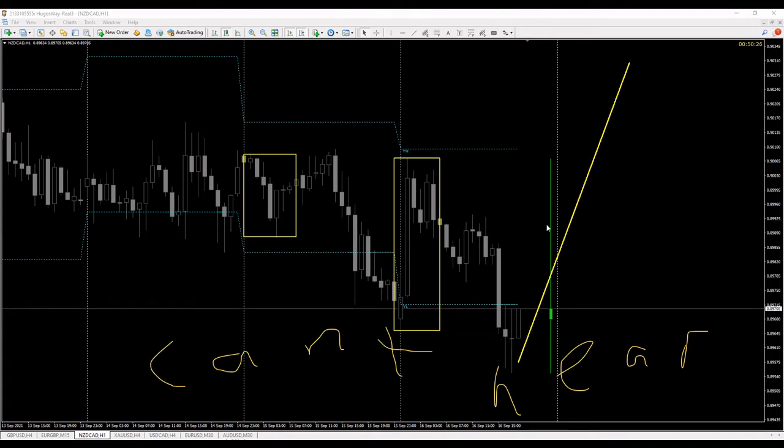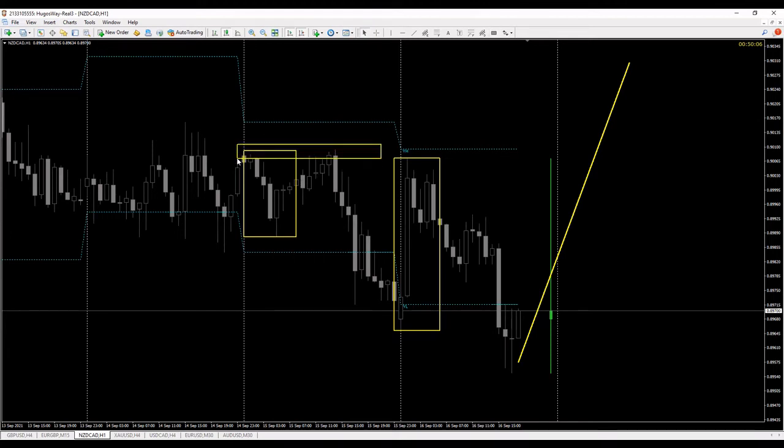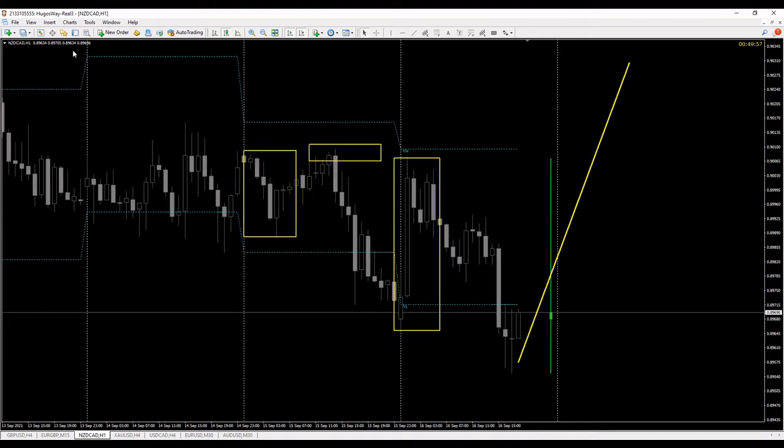So with that being said, you see the Asian range. If you come in on a daily basis and just box out the first 8 hours, you can then use that range to guide you throughout the day. Notice how after this Asian range, the first 8 hours, when London came in, London just retested the high of the Asian range and then fell. On today's basis, although the Asian range was huge, price came down here and retested the low of the Asian range.